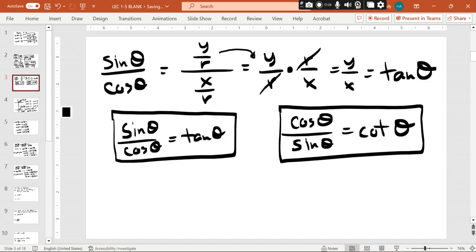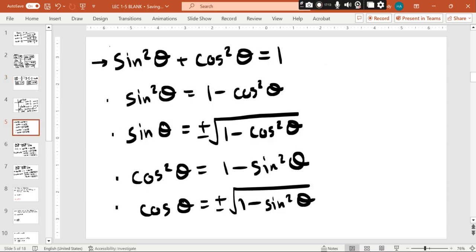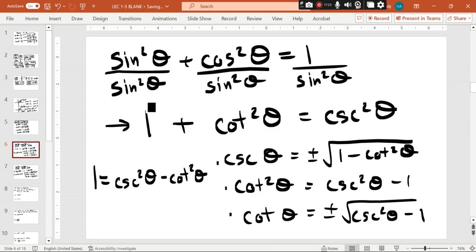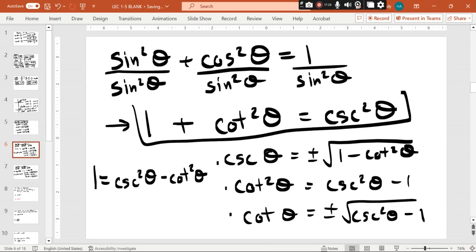Cosine over sine is cotangent. And there's 2 of them. And then, by the genius of Hipparchus, he allows us to make Pythagorean theorem. They're called trigonometric Pythagorean theorem identities. So I have 1. This is number 2. Technically, there's 3, right? But then we have variations for each one.